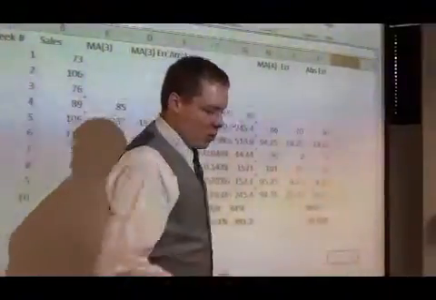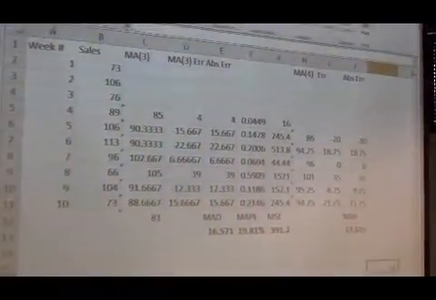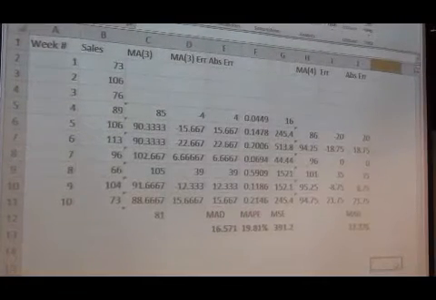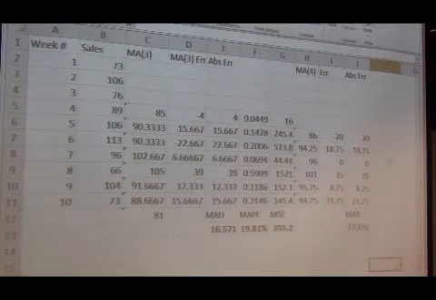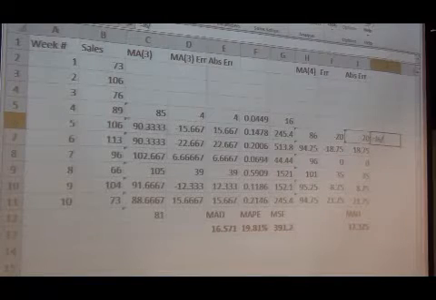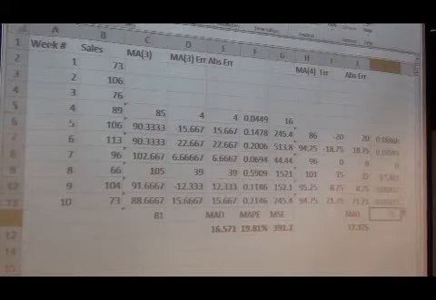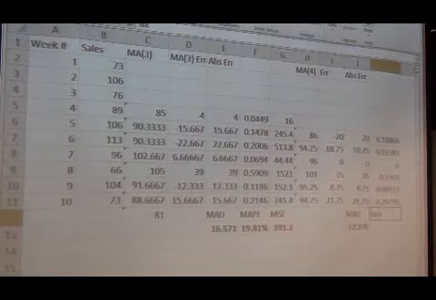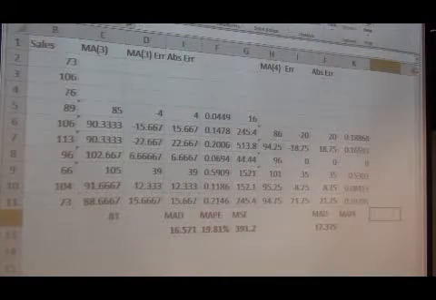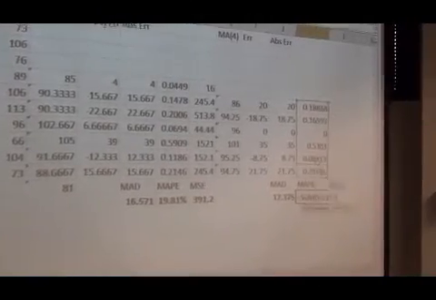Now, before I ask that, let's say what's the mean absolute percent error and mean squared error? Go ahead and compute those. So we can do mean absolute percent error by taking the absolute error divided by the sales number. Sum those, divided by the number of them.